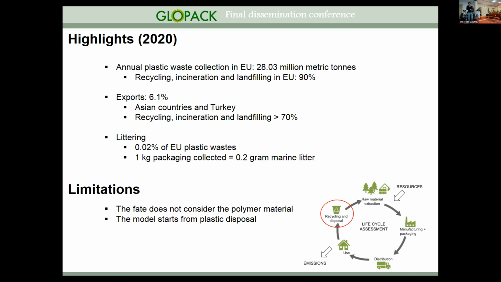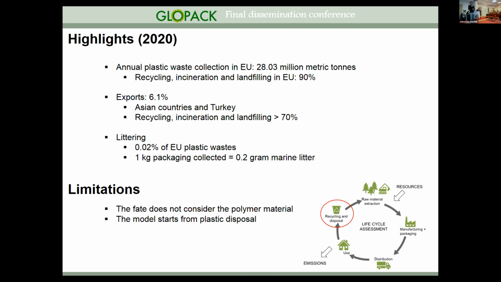Of course, the model has some limitations. First, we do not consider the different types of plastic material. For example, if you have higher value-added materials, maybe you won't landfill them, but you will have higher recycling rates. And then it does not distinguish between, for example, a compostable plastic material and a conventional plastic such as PP.